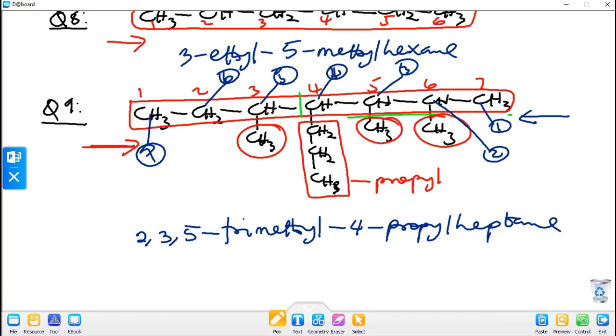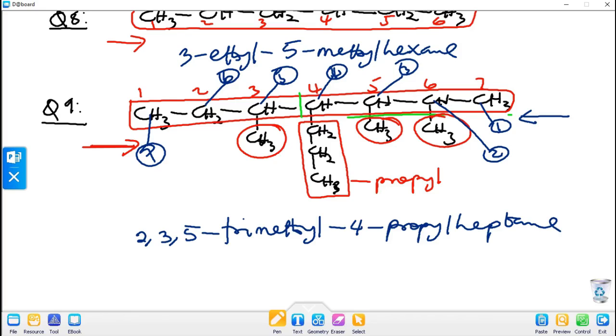So that will be the name. 2, 3, 5 trimethyl, 4 propyl heptane. That is the name of our structure.